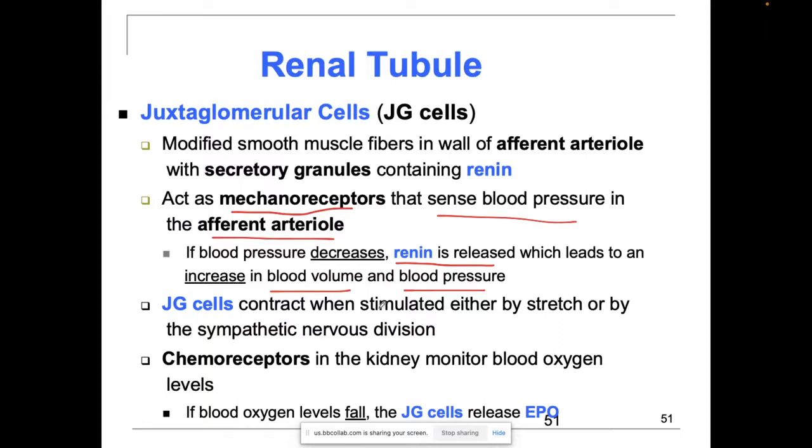The JG cells contract when stimulated either by stretch or by the sympathetic nervous system. Okay, so these should say baroreceptors, pressure receptors.